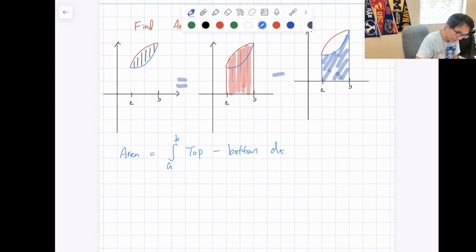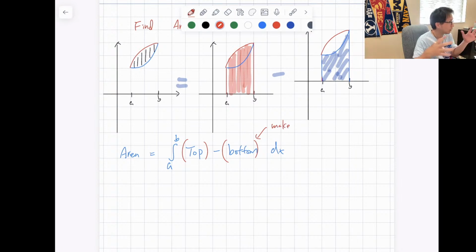So top minus bottom, but make sure you put a parenthesis on each. Make sure you have parentheses because sometimes the function could have two terms. When you subtract a parenthesis, it's gonna distribute that negative sign.